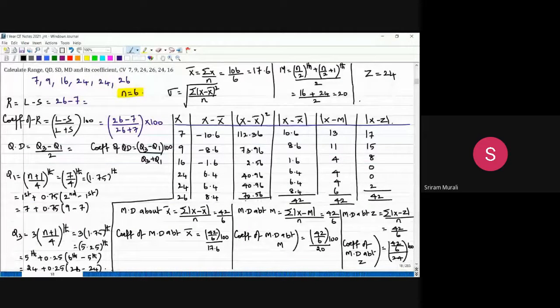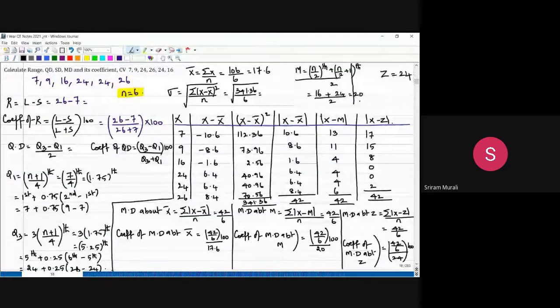If you add everything, you get 341.36. Substituting, it is the root of 341.36 divided by 6, which is equal to 7.54. So we found sigma.